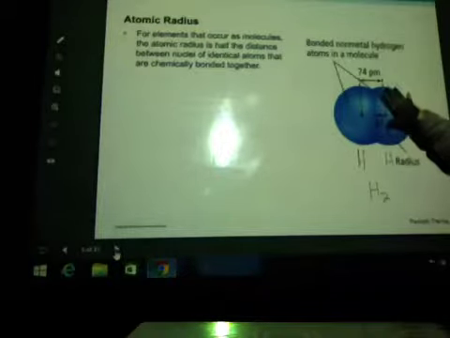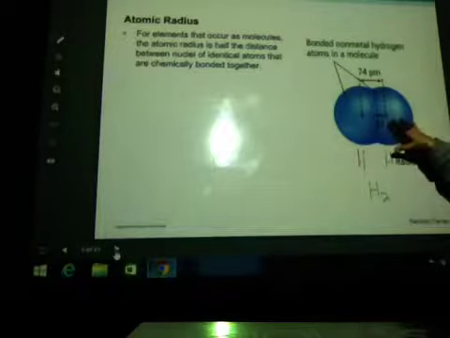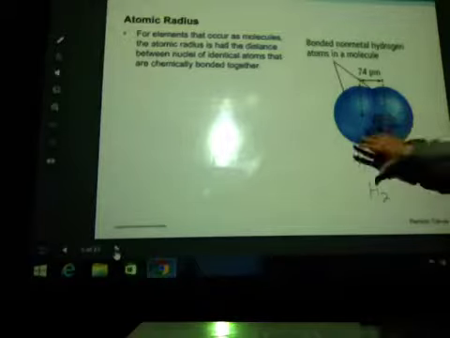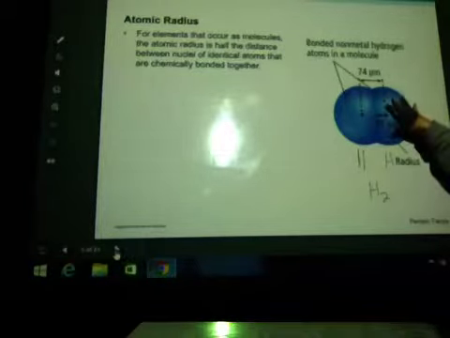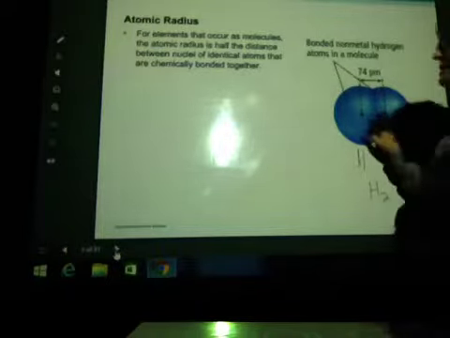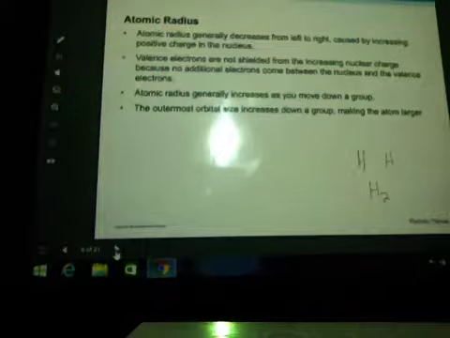And if I'm looking at a molecule, I'm actually looking at 2 atoms. So quite honestly, we'll get more into this later. For this chapter, we're focusing on 1 atom at a time. But this is how it would work when things start to chemically bond together.